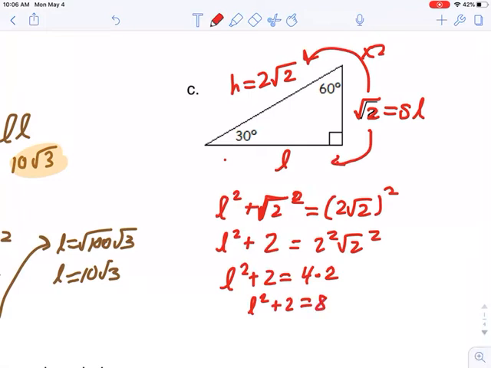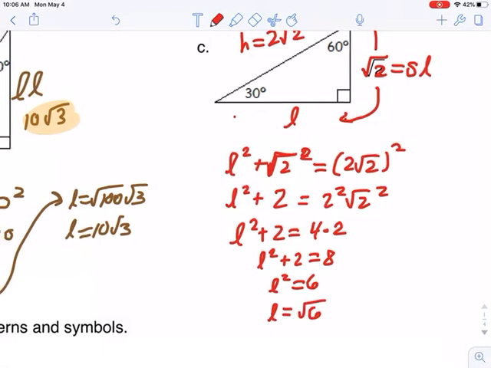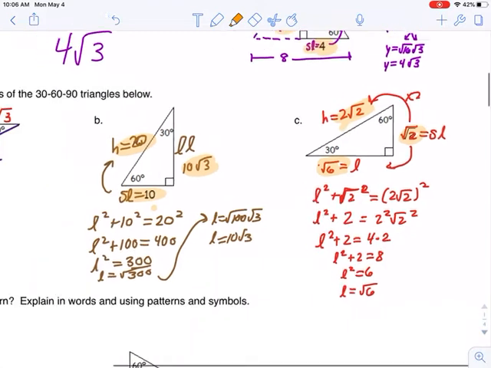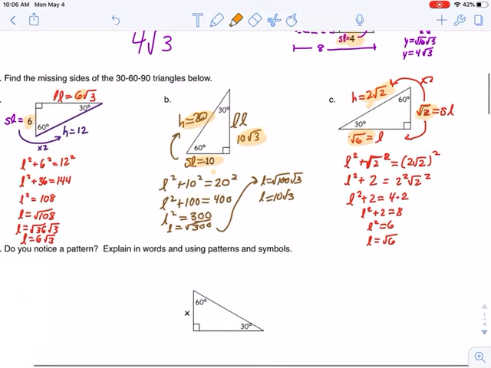L squared plus 2 equals 8. L squared equals 6. So L equals the square root of 6, which cannot be simplified. All right, so this one is a little bit goofy, a little harder to see the pattern, but the same pattern still exists. It's good to practice a little goofy problems every now and then, really build our number sense.